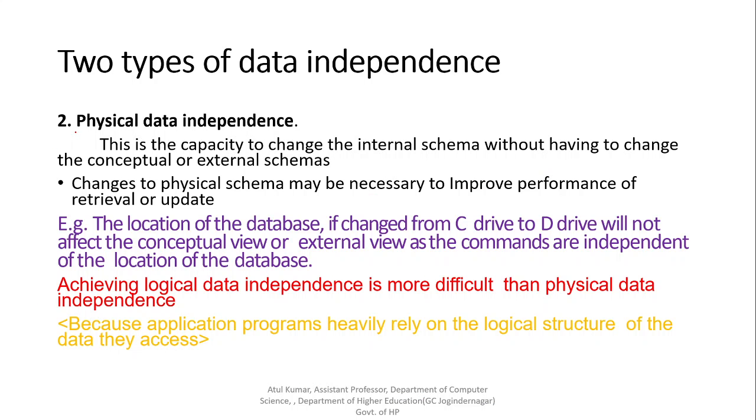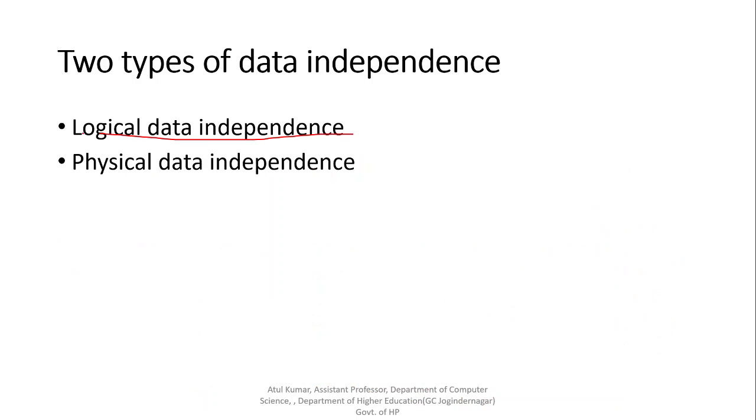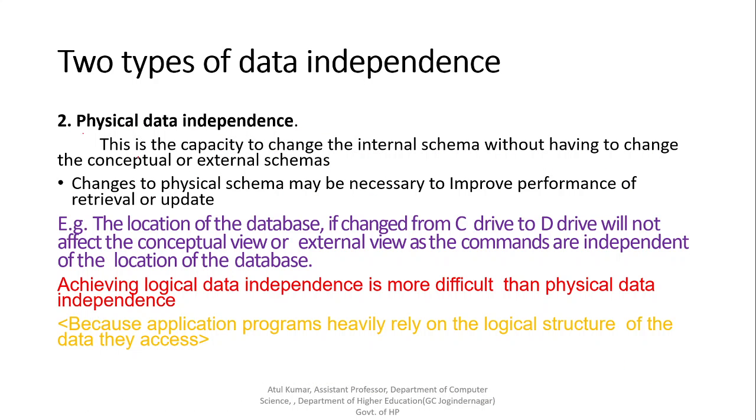The next type of data independence is physical data independence. In this it has the capacity to change the internal schema or internal level without having to change the conceptual or external schema.